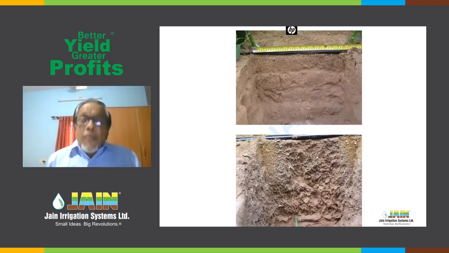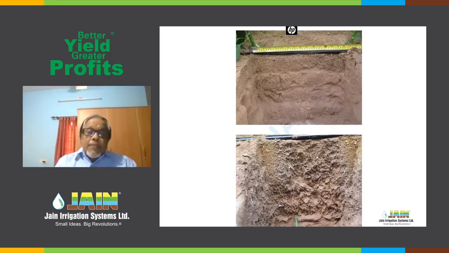If it is in the middle of the 40 centimeter or near the plant, it doesn't matter, because in this soil the moisture is going to spread from the dripper to almost 35 to 40 centimeter on either side, to the chili plants on either side, irrespective of the placement of the dripper in the drip line, as long as the drip line has a dripper every 40 centimeter, it works very well for the soil.